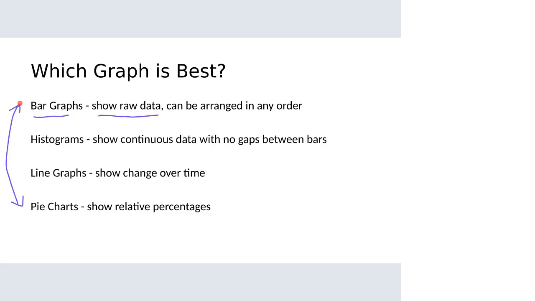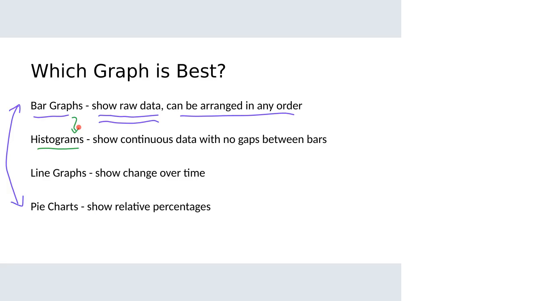Bar graphs, we can see raw data, but we can't necessarily see that one of these is about half of the whole thing, which we can see in a pie chart. But a bar graph will show us the raw data, and those different categories can be arranged in any order we want.